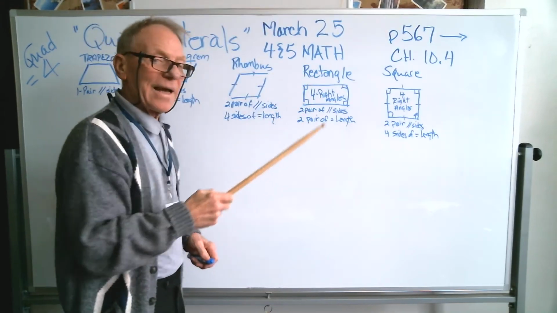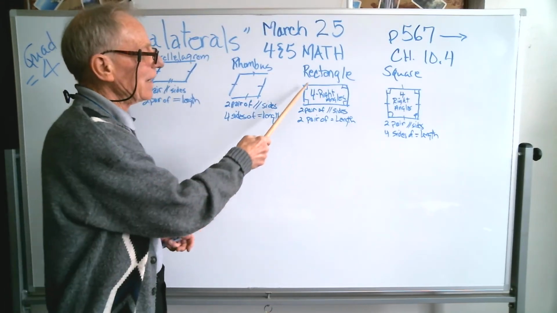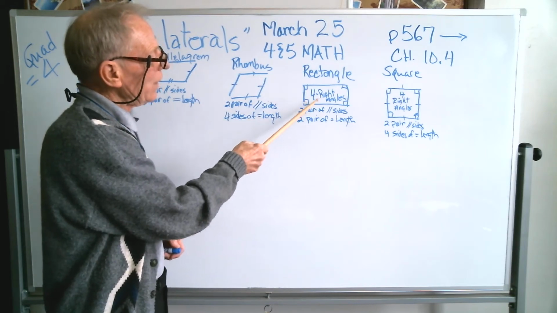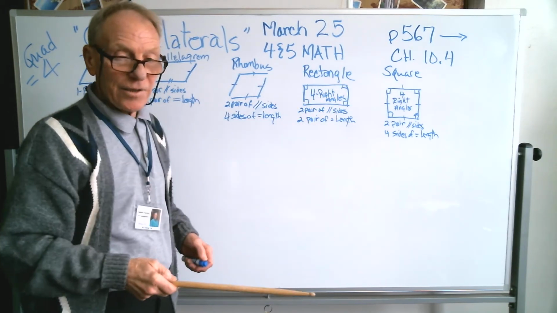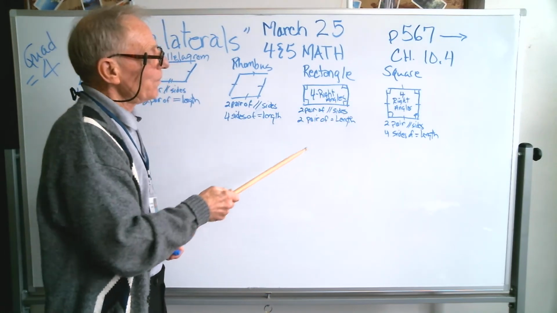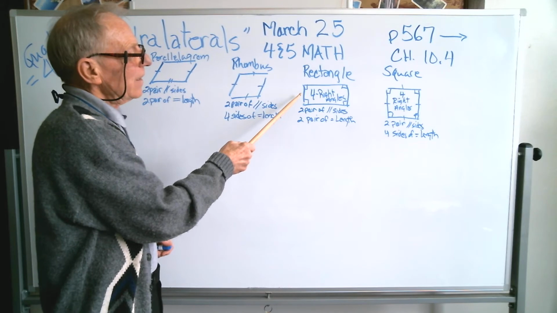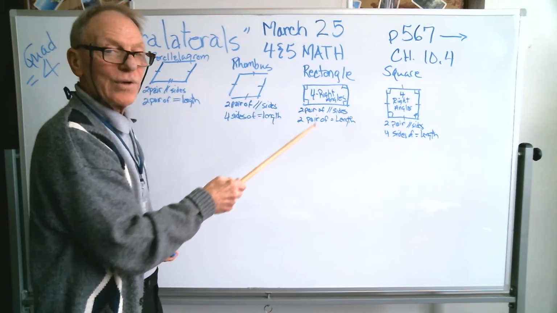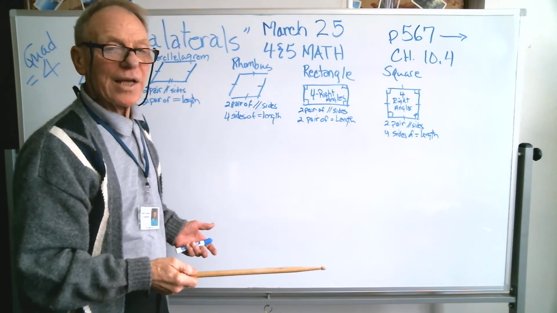A rectangle. A rectangle, again, has four sides. And you'll notice that on a rectangle, every corner is 90 degrees. But what makes it different from a square is the fact that while both sets of sides are parallel, they do not have to be the same length.